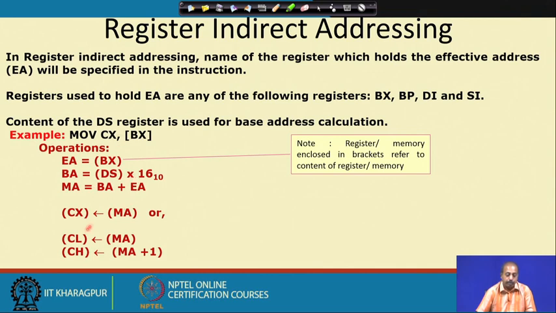Ultimately the CX register will get the content of this memory location whose address is given by this MA, or I can say that CL will get the content of MA and CH will get the content of MA plus 1. So, this is how register indirect mode is working. This BX register is used as the base register, as the offset register that can be used for accessing the memory location.